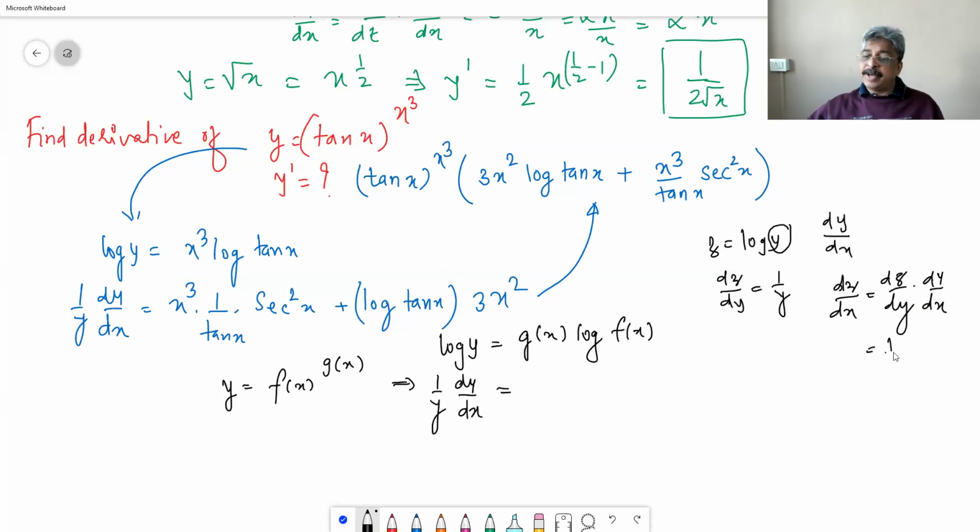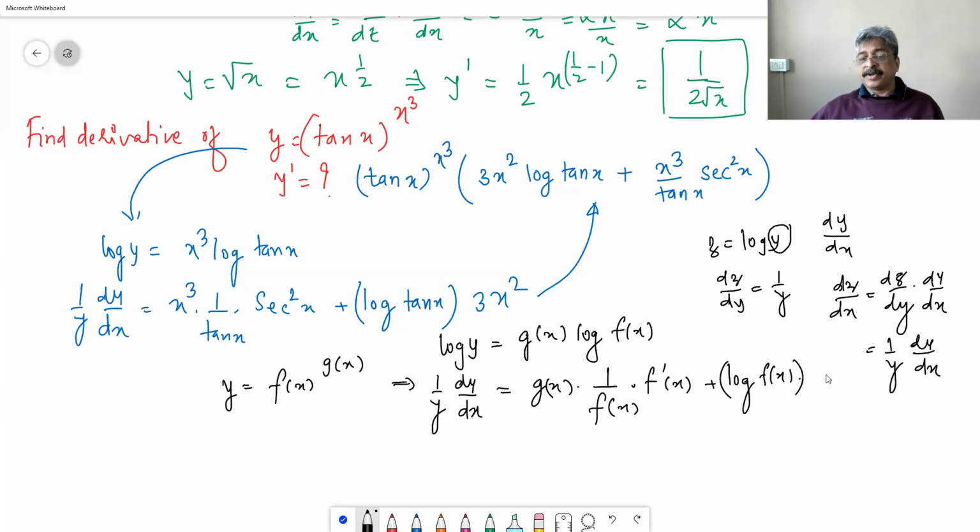So dz by dy is 1 upon y into dy by dx. So this chain rule is again here also. Now here g of x into 1 upon f of x into f dash of x, derivative of f, plus log f of x into g dash of x.